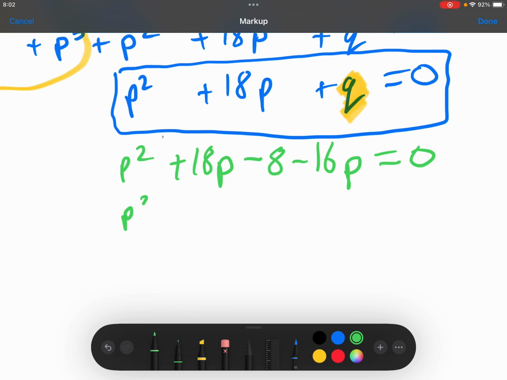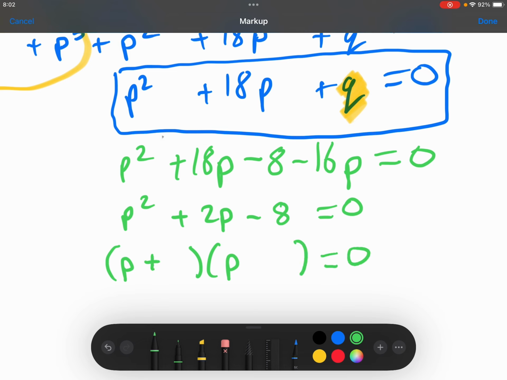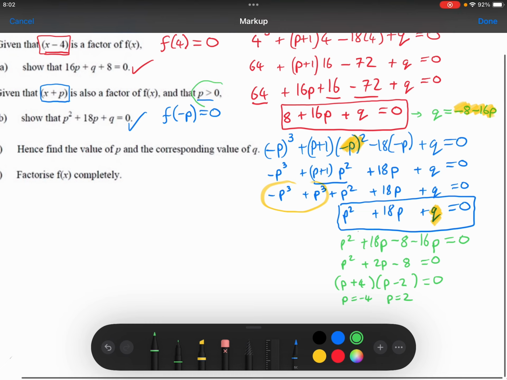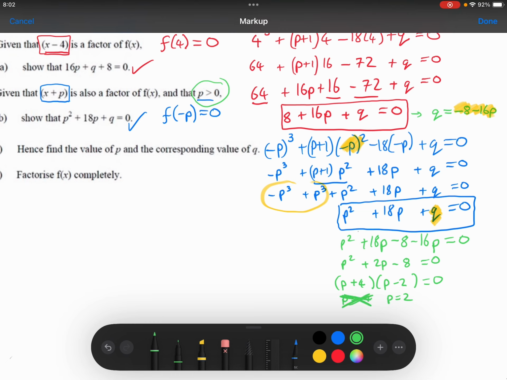The 18p minus 16p is 2p. We can now factorise that quadratic, and find that p is either minus 4 or p is 2. But the question did tell me that p was greater than 0, so I can ignore the negative 4 solution, and I know that p is actually 2.